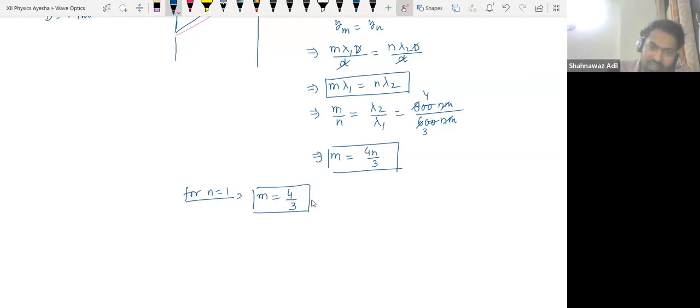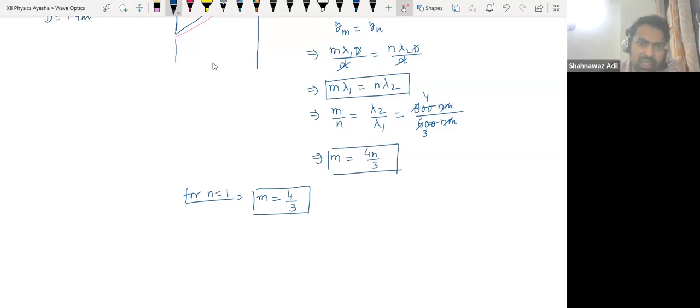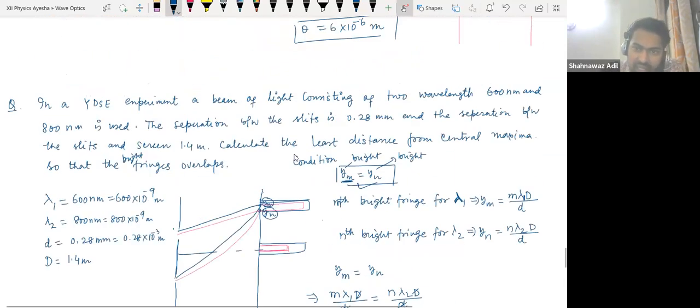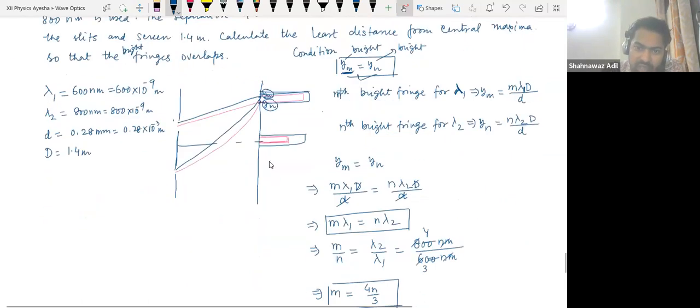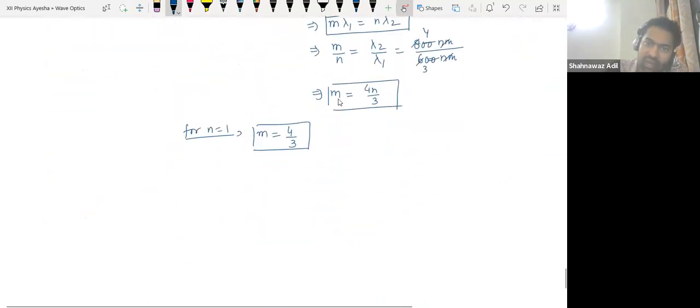And in this question, they are saying the least distance, so the minimum. So what should be the first value of n so that we get a natural number?